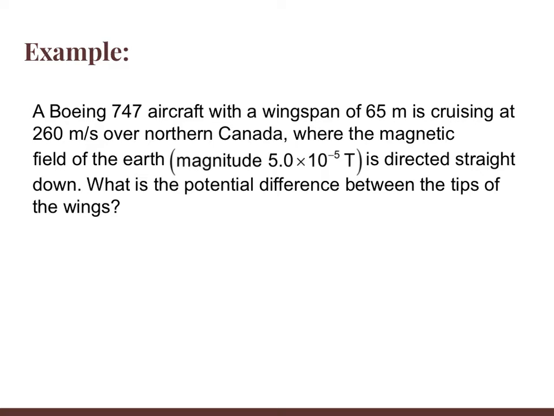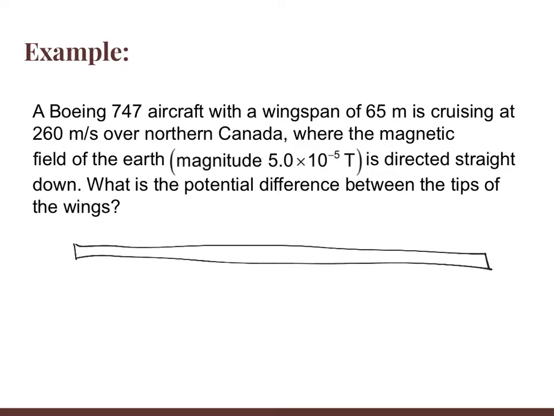So we're going to model this as a giant conductor. This is going to be my wings. I know that's not how wings actually look. With a wingspan of 65 meters, and it's going 260 meters per second. With my vantage point here, I'm going to say that the velocity is going to be coming out of the page.